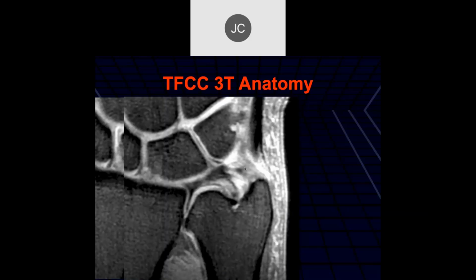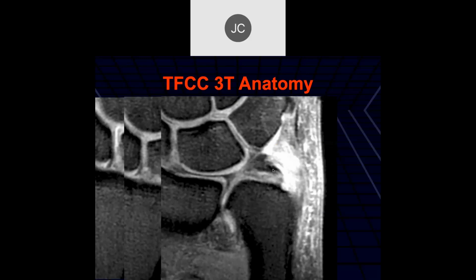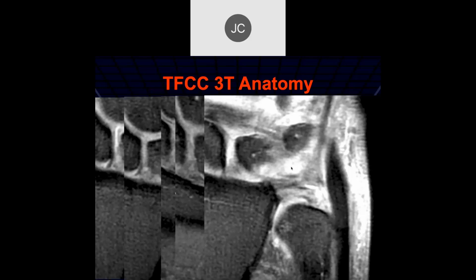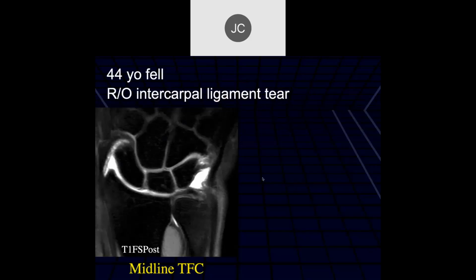If you go to the next cut forward, we can see the upper and lower lamina. They're not real black, so there's some degenerative change of the lamina. Then going more closely, we can see the ulnar triquetral ligament up here, and a little bit of degenerative disease in the central disc. If we keep going forward, we can see part of the homologue coming up here proximally. So it just has some anatomy.